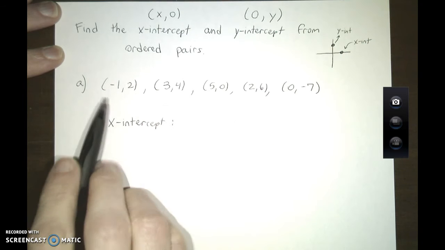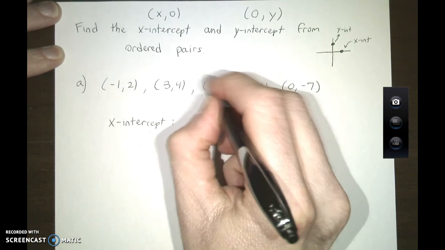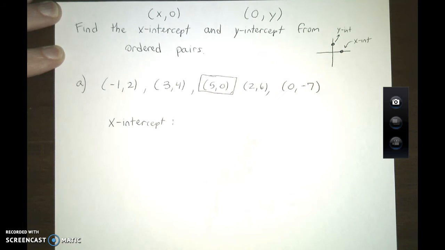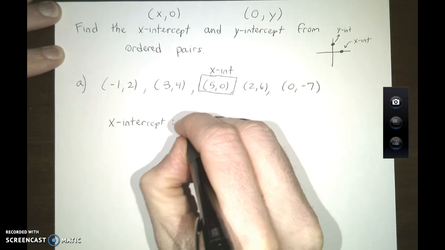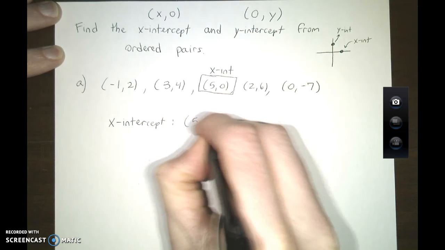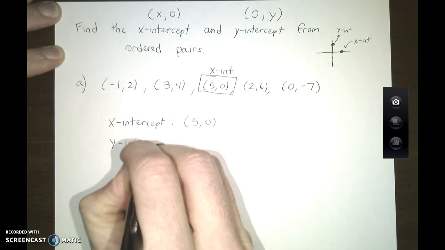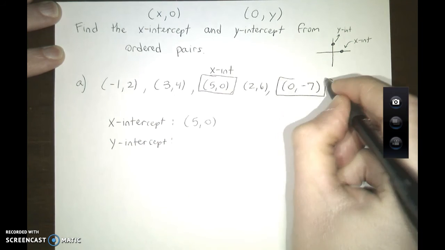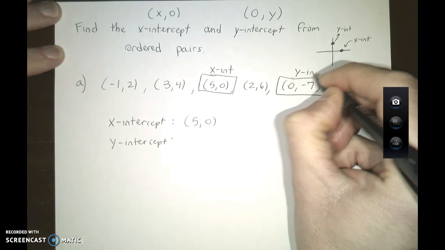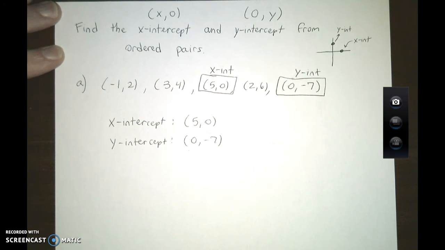So looking at my coordinates, this is the coordinate that has a value for x, and then the 0 for y. So my x-intercept here is 5, 0. My y-intercept goes the other way, where 0 is the number first, and that's at 0, -7.